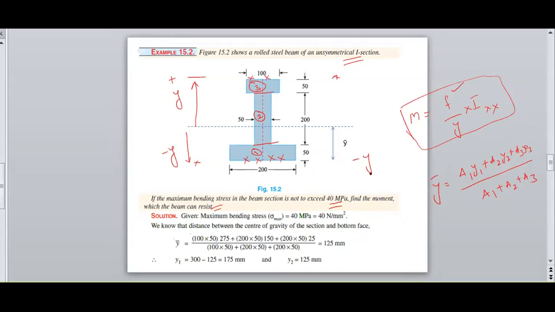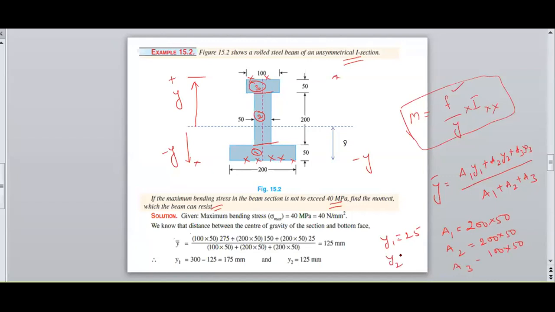So A1 is 200 into 50, A2 is again 200 into 50, and A3 is 100 into 50. From the bottom, y1 is 50 by 2, that is 25.